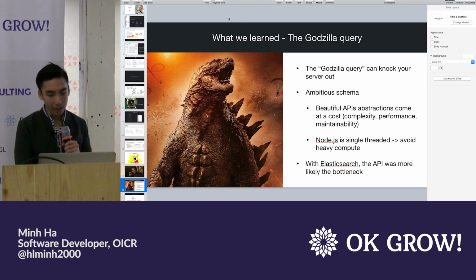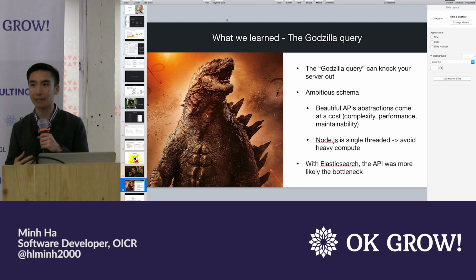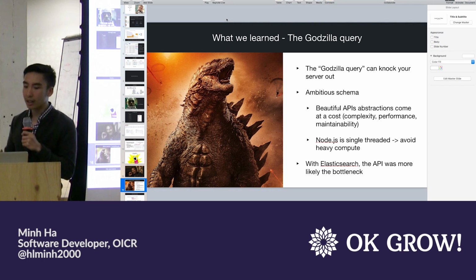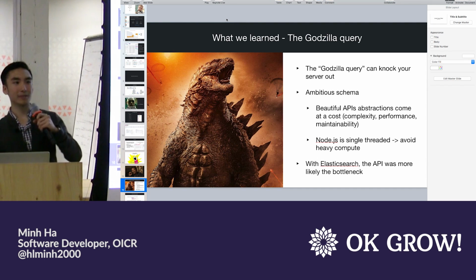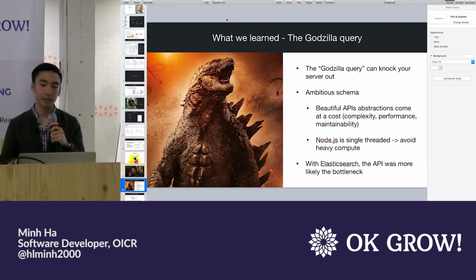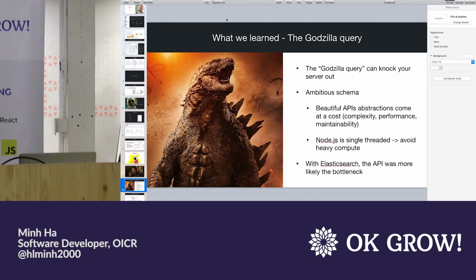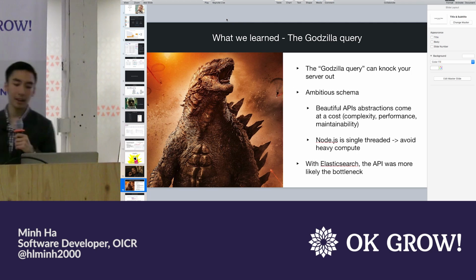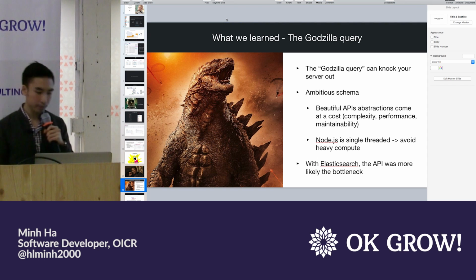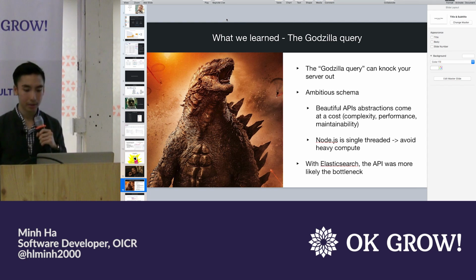So some of this, I think, came back to the fact that we had a pretty ambitious API design, a pretty ambitious schema, and beautiful APIs always come at a cost. In this case, the cost can be complexity, performance, maintainability, whatnot, all kinds of things. But for us, it was performance that got hit real hard. Although this is not really a GraphQL only problem, I think there's a lesson to be learned from what we experienced.